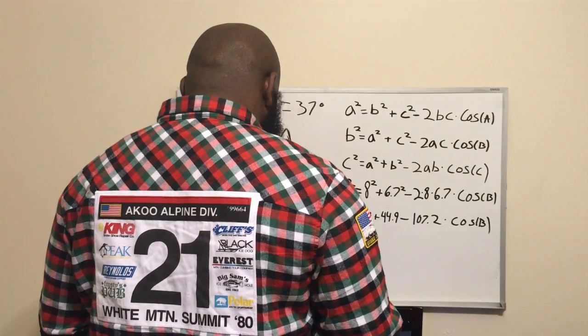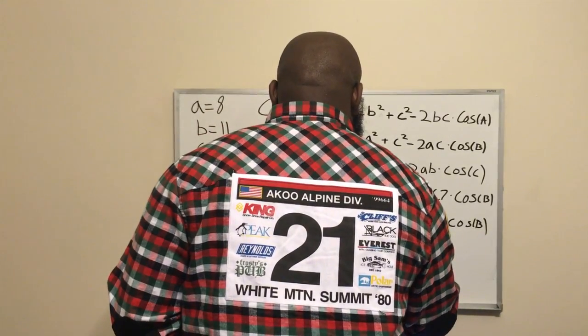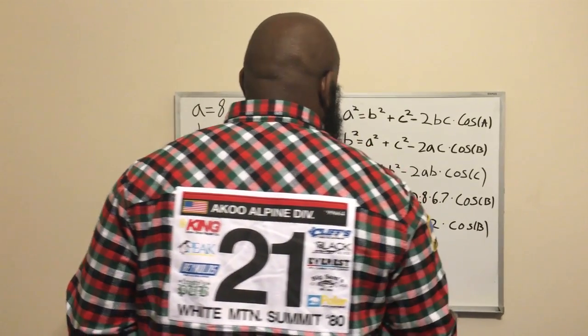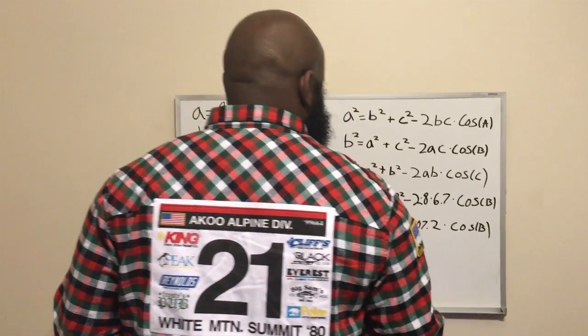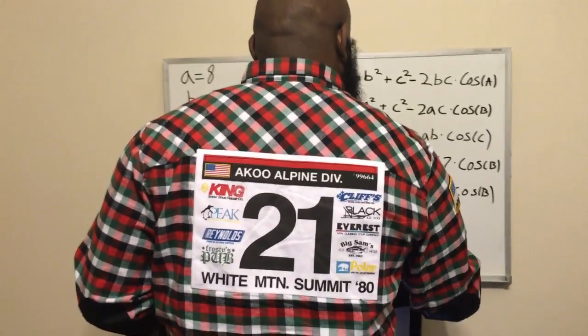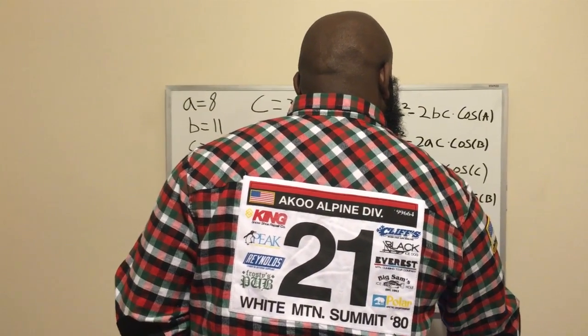So 121 minus 108.9 gives us 12.1, equal to negative 107.2 cosine B.